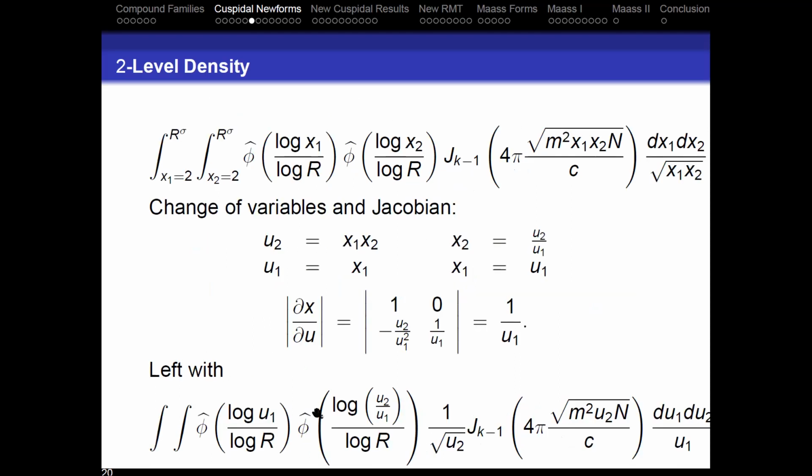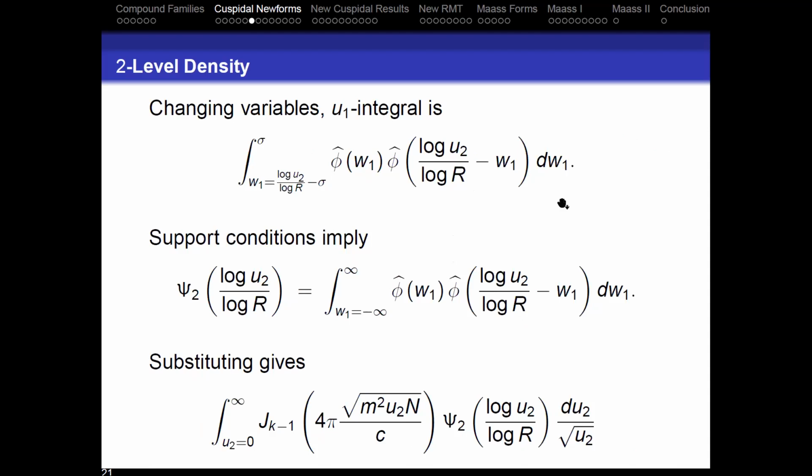So at this point, I can just execute the u1 integral by itself. And when I execute the u1 integral by itself, I've changed variables so now it's a w1 integral. It just gives me a new function. And let's call that function psi of u2. And so now, when I substitute, I get the following. Does this remind you of anything?